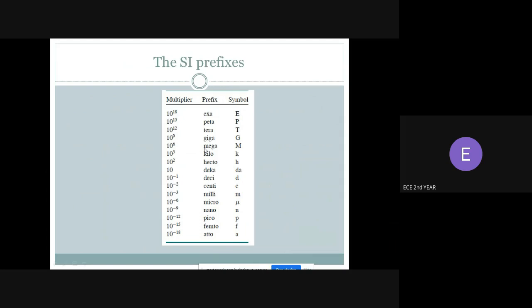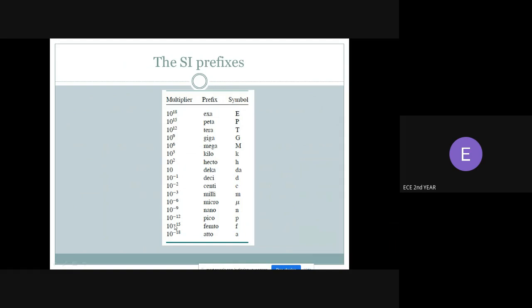Then 10 to the power 6 is mega, denoted by capital M, and 10 to the power 3 is kilo, denoted by small k. 10 to the power 2 is hecto, denoted by h, 10 to the power 1 is deka, and 10 to the power minus 1 is deci, denoted by d, and 10 to the power minus 2 is centi, denoted by small c. Mostly in engineering we are familiar with 10 to the power minus 3, minus 6, and minus 12. 10 to the power minus 3 is milli, denoted by small m. 10 to the power minus 6 is micro, denoted by the micro symbol. 10 to the power minus 9 is nano, small n. 10 to the power minus 12 is pico, small p.